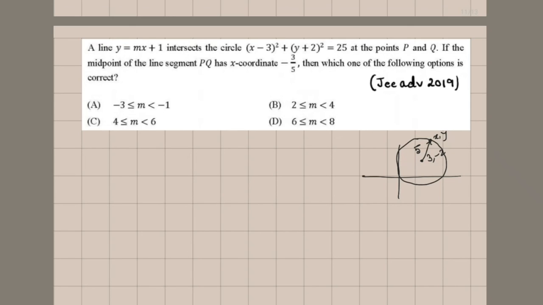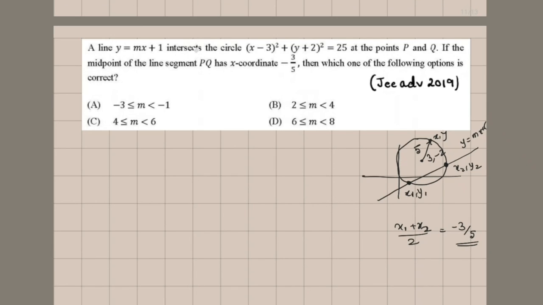So let's say this is y equal to mx plus c. This intersects at 2 points, let's say (x1, y1) and (x2, y2), such that the midpoint is given: (x1 plus x2) by 2 equals minus 3 by 5. What is the idea of solving this?